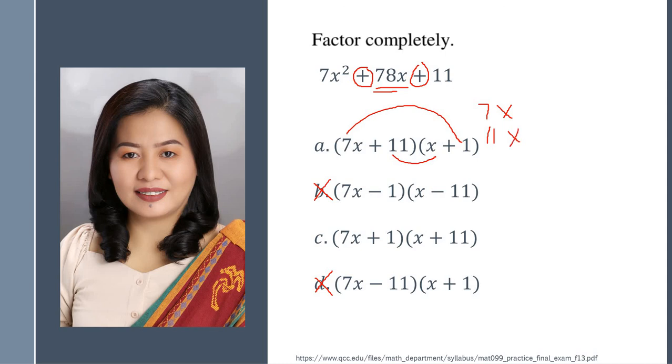So we'll check letter C. 7 times 11x is 77x, and 1 times x is 1x, and if we add the two, it gives us 78x. So our answer would be letter C.